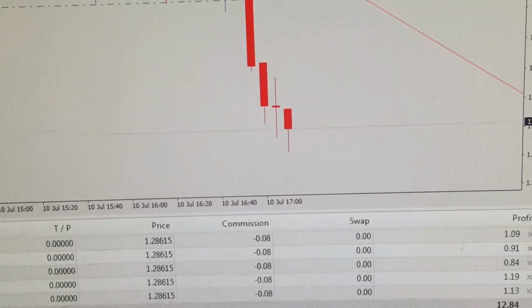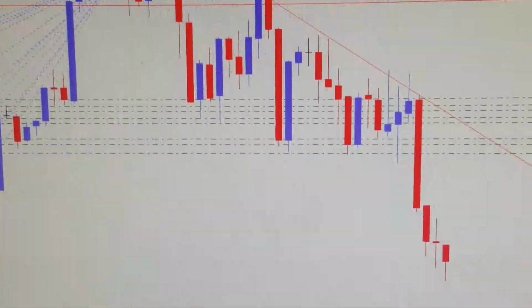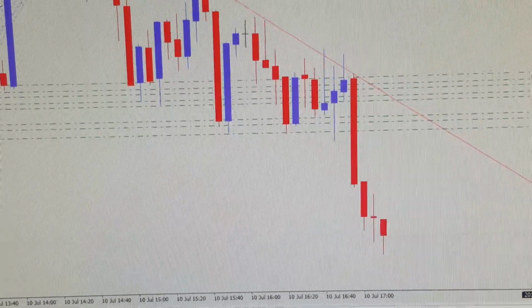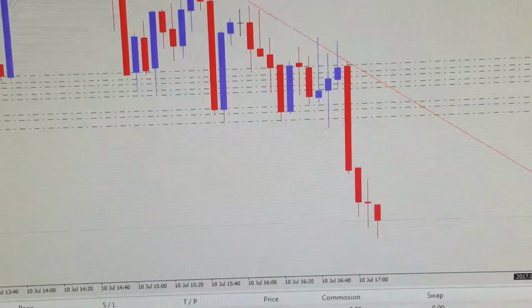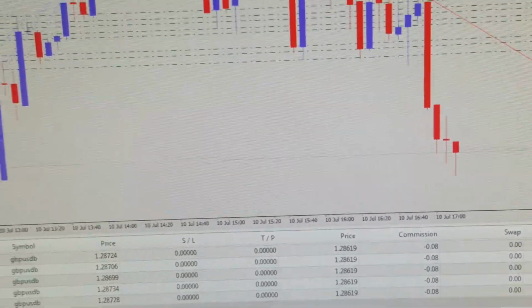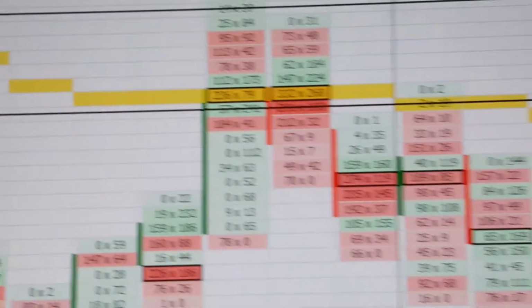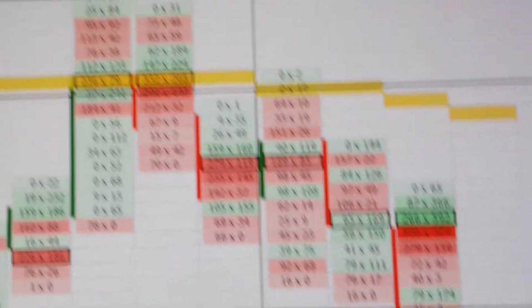Not too shabby, not too bad, but the rationale is obviously not going to be on the MT4 platform, but on these beautiful charts that we call footprint charts. Of course, guys, we're saying price is getting rejected.